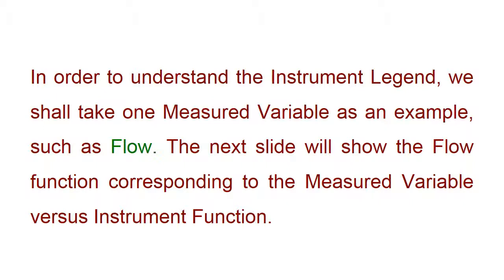In order to understand the Instrument Legend, we shall take one measured variable as an example, such as flow. The next slide will show the flow function corresponding to the measured variable versus instrument function.